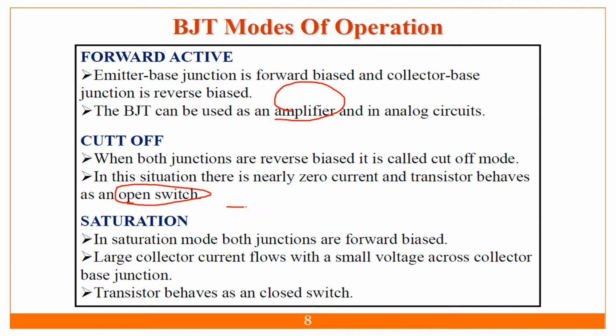Like this one, an open switch, and a closed switch is when you push the button so that contact happens, the contacts join, and current flows. For example, suppose this is my bulb or LED, any device, connected via one switch.